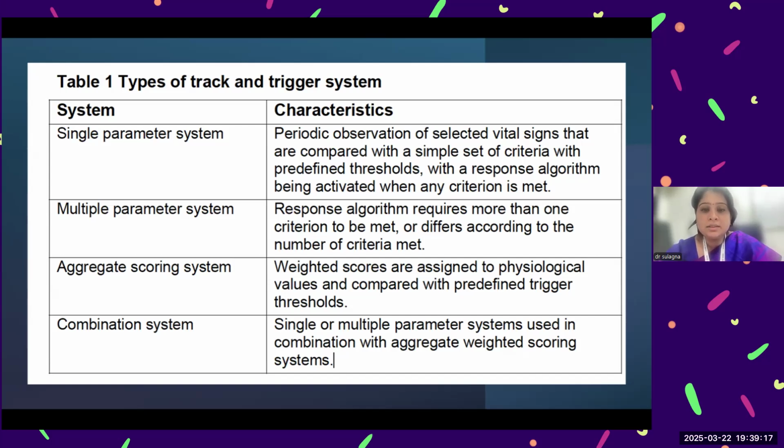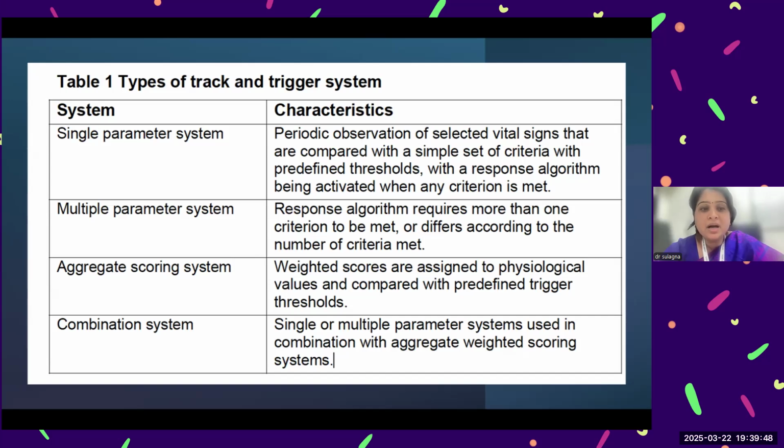It consisted of algorithms which require more than one criteria, and there are a number of multi-parameter systems. Although they did not have any scores or weights for the parameters, they helped in identifying the deterioration signals with multiple parameters.